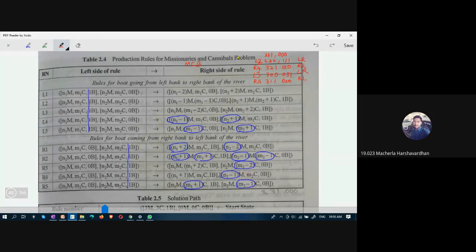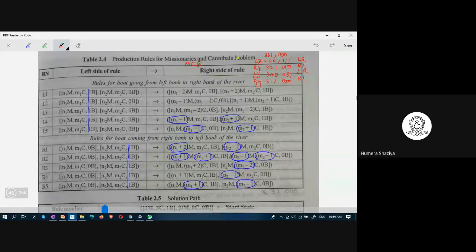Two missionaries to the right side. L1. Yes. Very good. It is L1. Now you understood.